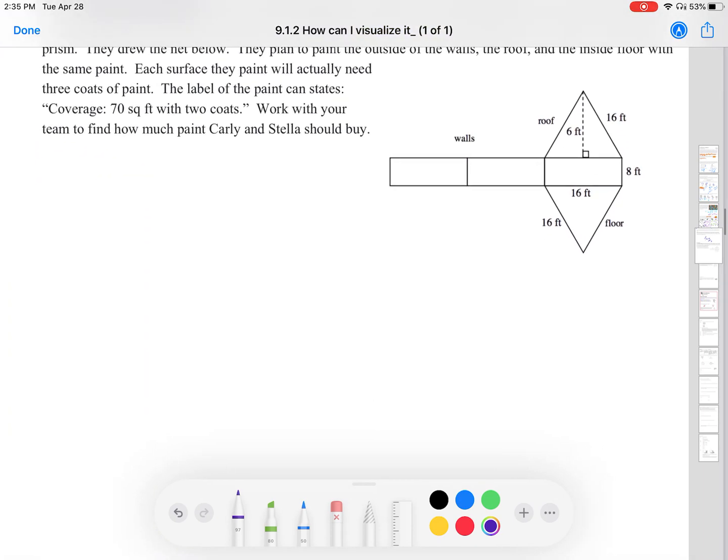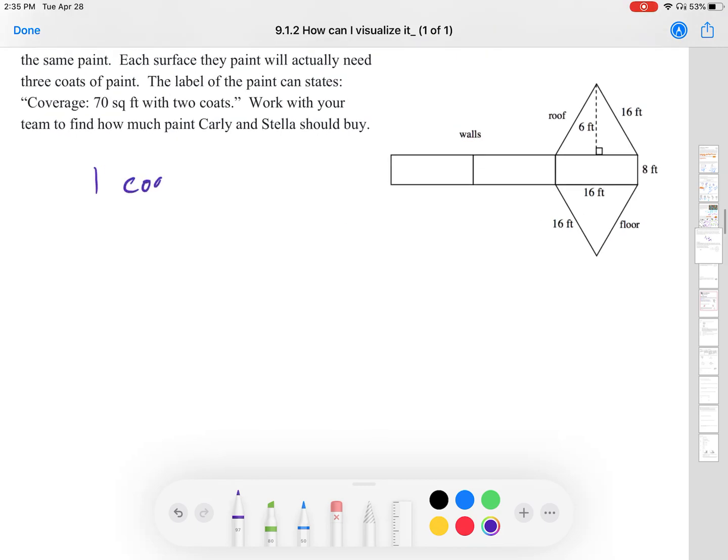You know what? I didn't work through all this yet, but how about I just say this? 70 square feet with 2 coats. So 1 coat is 35 square feet, right? And 2 coats would be 70 square feet.